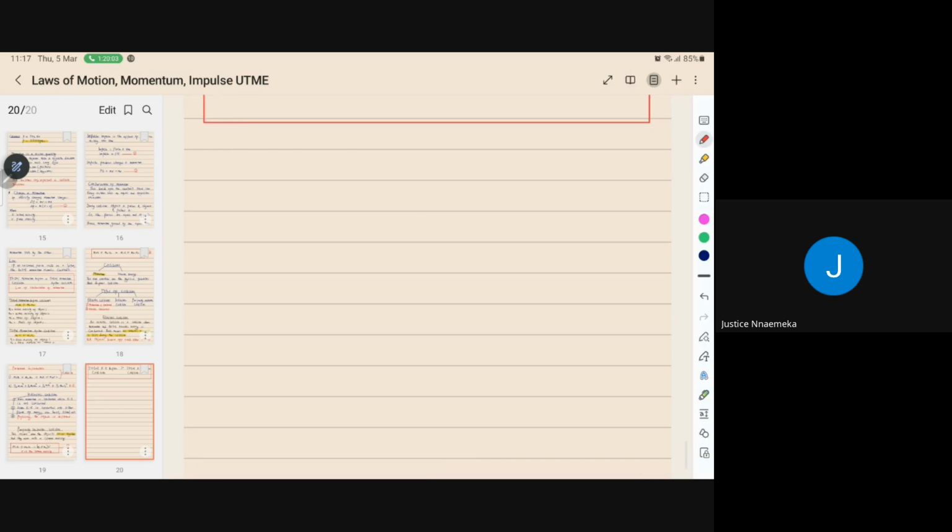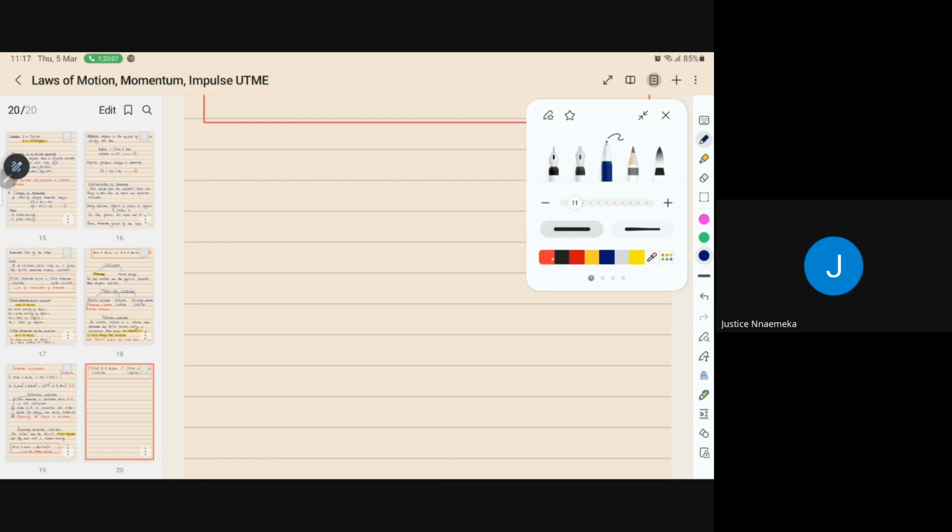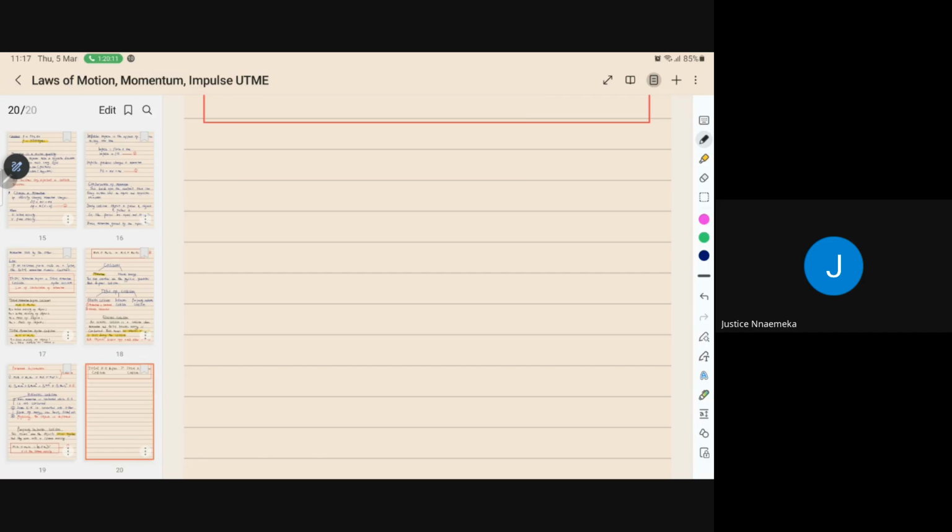All right, so let's look at the recoil of a gun. They ask this question a lot, and in your textbook, you had a session for it, right? So let's quickly look at that. For the recoil of a gun, I've explained this thing yesterday, but I want to give you the formula. Remember what I said the last time? As the bullet is moving from the gun, it is giving that gun the backward movement.